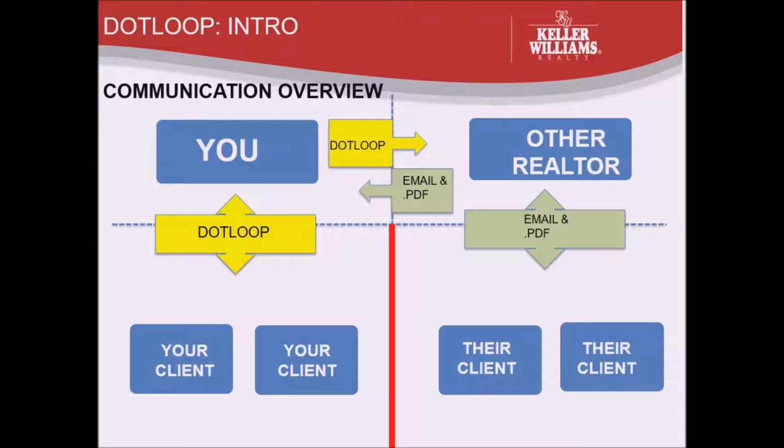If the other agent doesn't use or doesn't want to use .loop, he can send it back in an email as a PDF. So you would send, for example, your offer, and they would send the 1-to-4 contract back with some changes as a PDF. You can then import that PDF into .loop and work along with it.